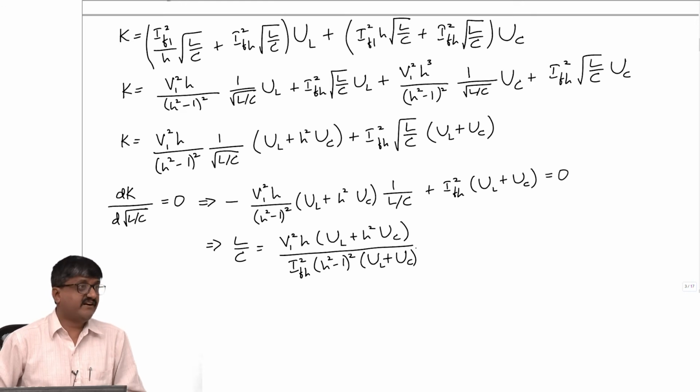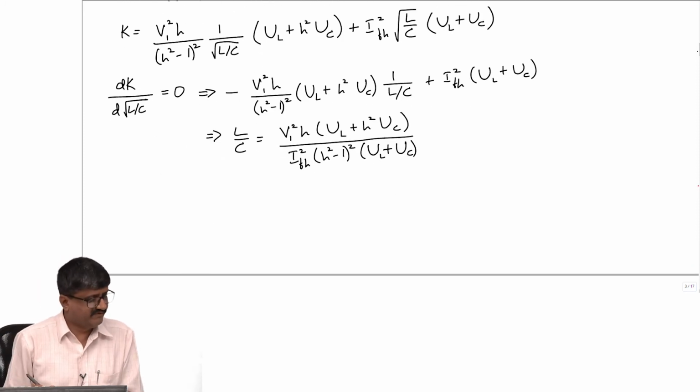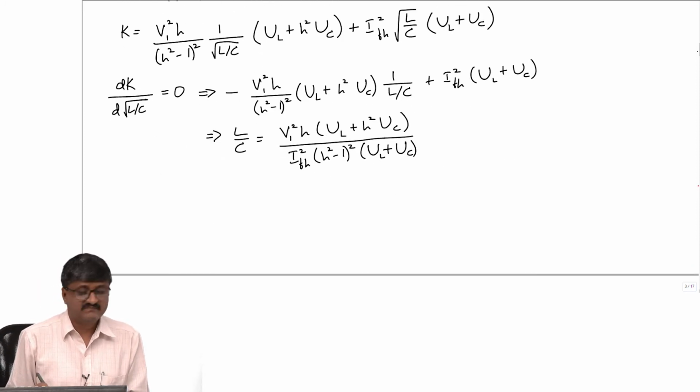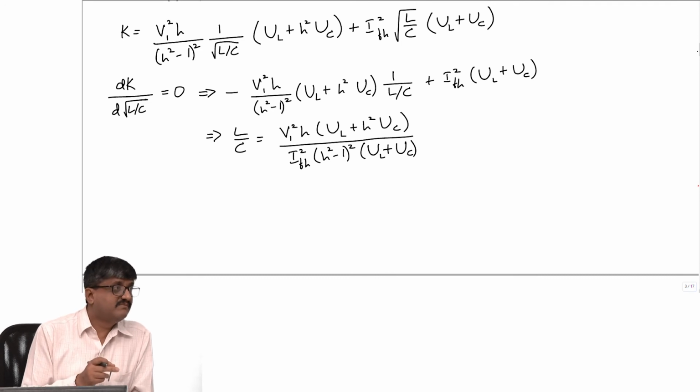Now, this is a necessary condition, but whether it gives minimum or not is yet to be determined. So, how do I find that? I have to take the second derivative and see that, evaluated at this value of L by C, it should be positive.